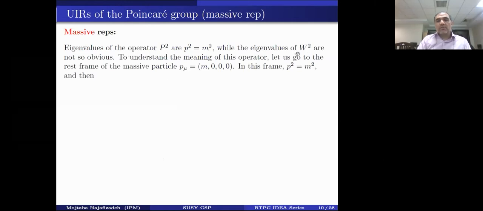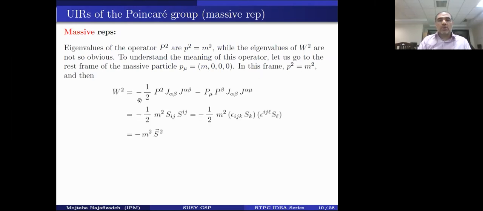To understand the meaning of this operator, let us go to the rest frame of the massive particle, which is this. In this frame, you will see just a spin angular momentum. Indeed, orbital angular momentum is 0. In this frame, P square is M square, and then W square, using this definition that we obtained before, leads to this amount.